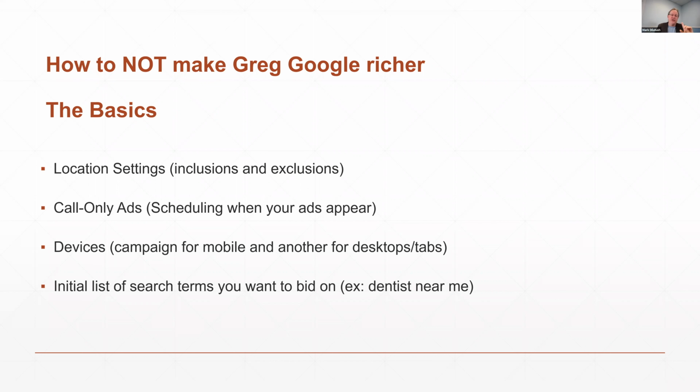And oh, by the way, she's a prosthodontist and she's fee for service. So it's like the ultimate holy cow challenge for a digital ad campaign. So location was incredibly important to her and the way we set up her campaign. So anyway, you can exclude locations as well. So don't forget exclusions when you're setting up your location settings.